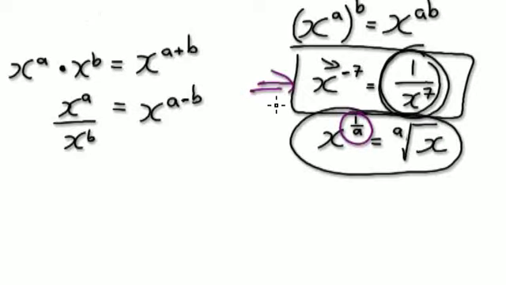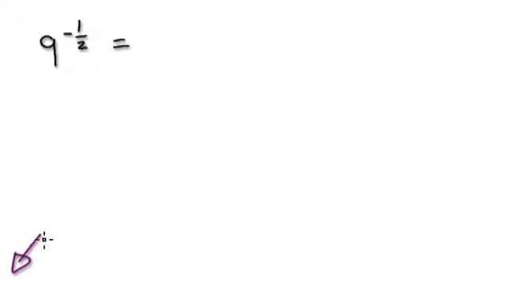So you're going to need this and this. So hang on, was it this one? Yeah, I think it was this one. So 9 to the power of minus a half. Think about it: whenever you see a power of a minus, think of 1 over something. Press pause and have a go.